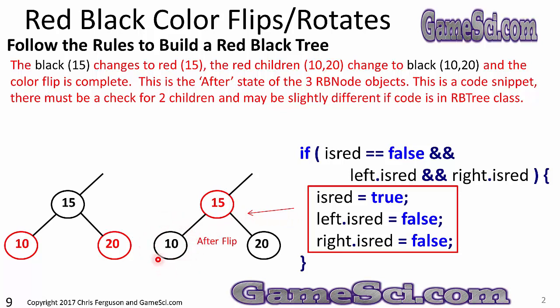And I will color flip 10 to black. I'll go to the right child and say your isRed flag is also false. And I will color flip 20 to black. This is the before picture, black parent with two red children. This is the after picture, red parent with two black children. Every time the insert algorithm sees this color pattern, it performs this color flip.